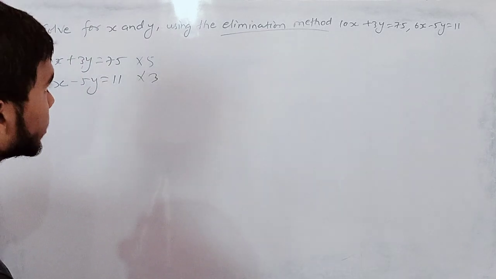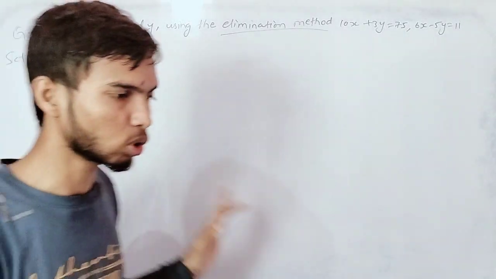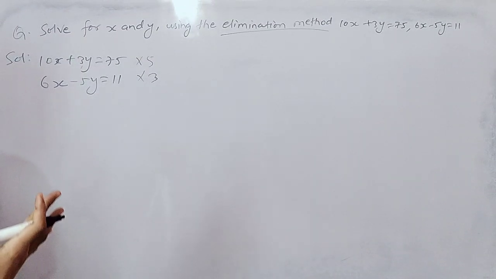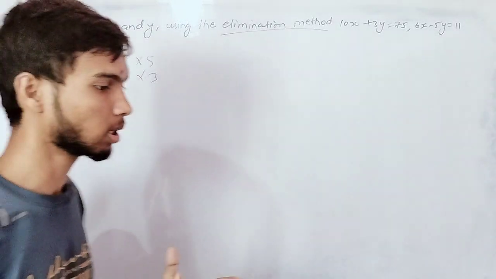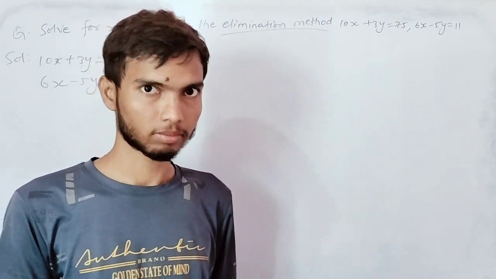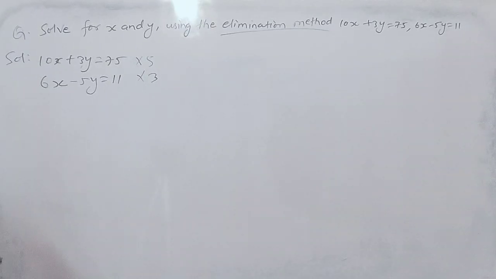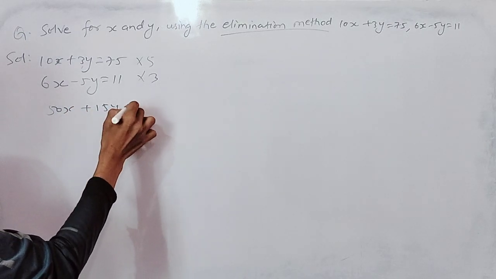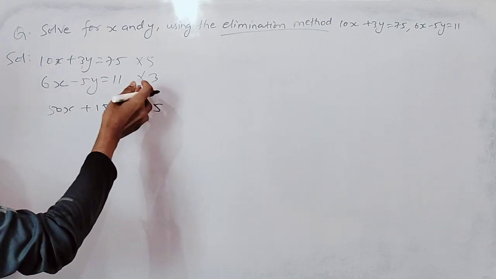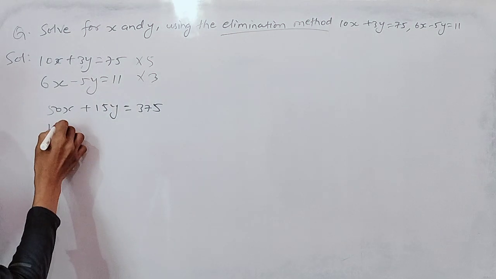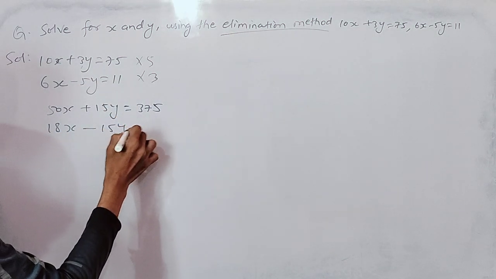First, you have to be clear that this process is known as elimination method, when we multiply both equations by some numbers. Now 5 10s are 50x plus 15y, and 3 6s are 18x minus 15y.